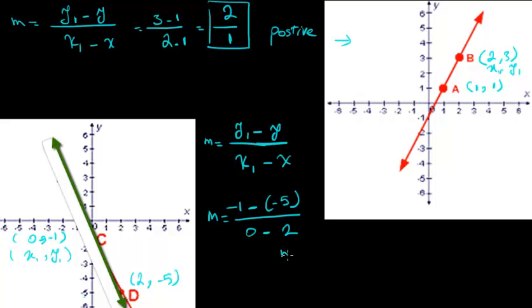Then we have a slope of minus 1 minus 5, which is minus 1 plus 5... so it is 4 over minus 2. These two can be divided and we'll have a slope of minus 2. It means as x increases by 2, y drops by 2. So this is our slope.